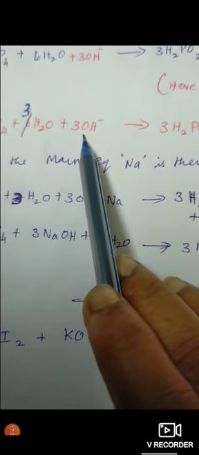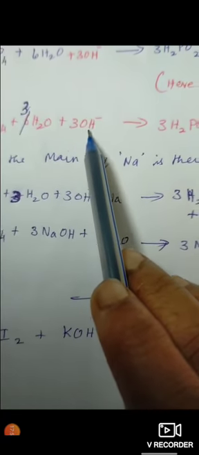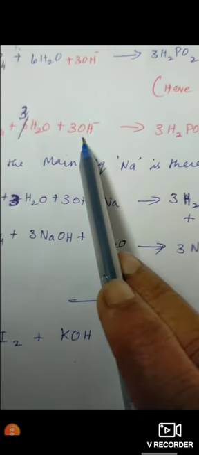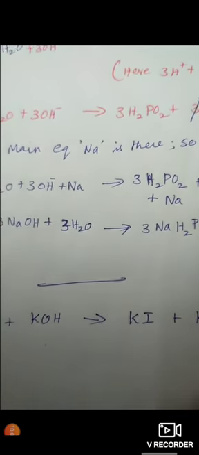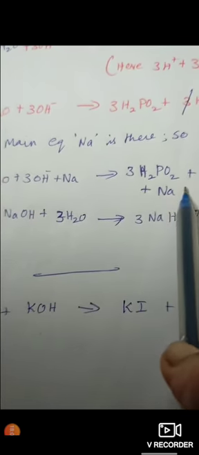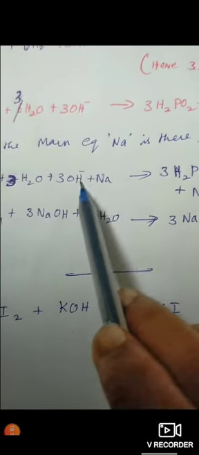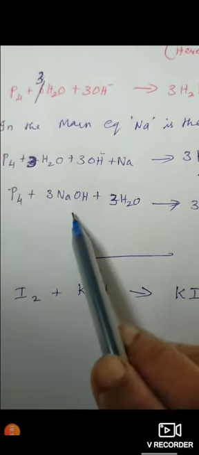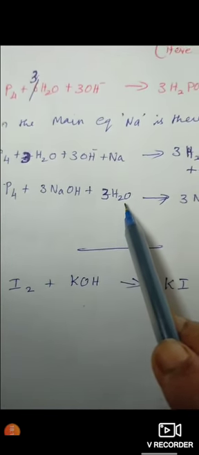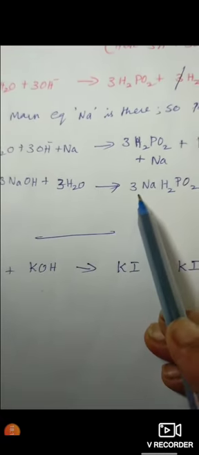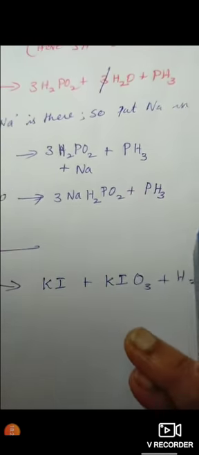How many OH ions are there? 3 OH, so we have to add 3 Na. So 3 NaOH, and here also 3 NaH2PO2. So we will be getting P4 plus 3 NaOH plus 3 H2O gives 3 NaH2PO2 plus PH3.